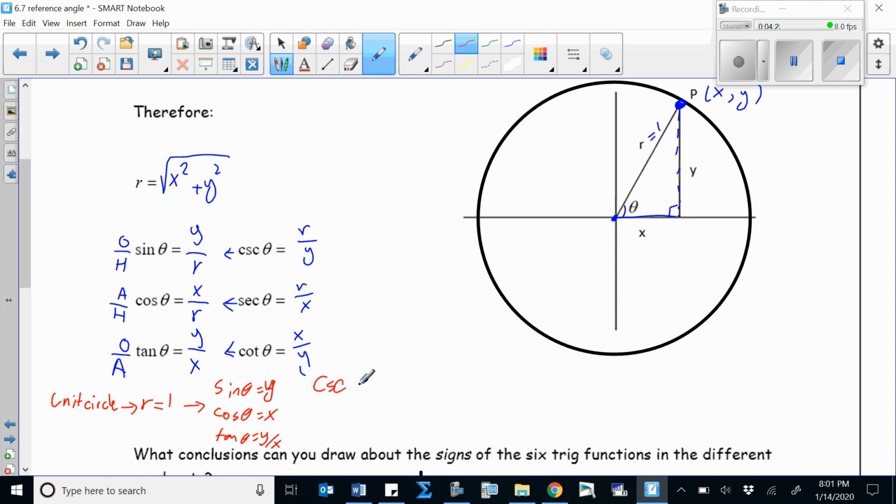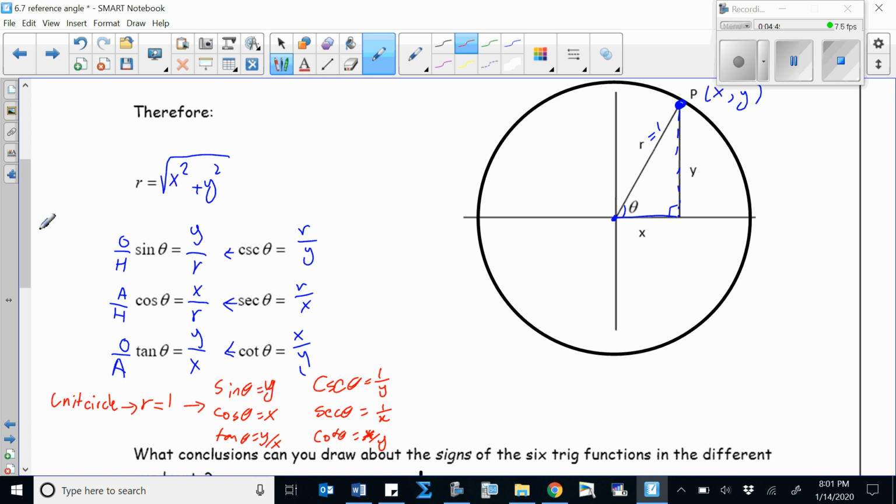Then cosecant of theta is 1 over y. Secant of theta is 1 over x. Just replace r with 1. And then cotangent of theta is not going to change. It's just x divided by y.